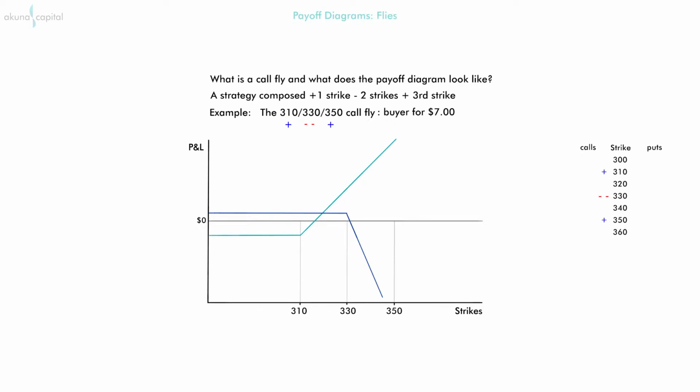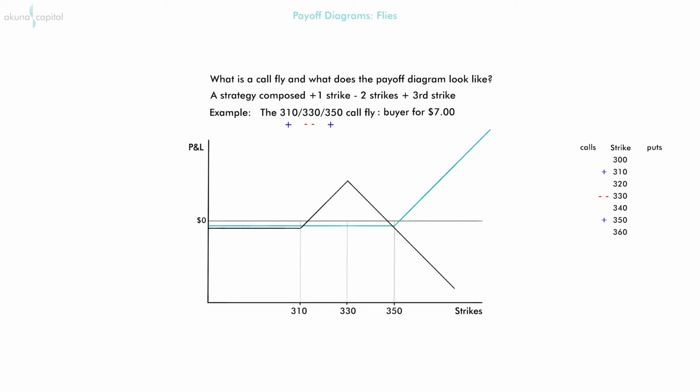Now let's take these two payoffs and add those together first. The dotted line becomes our resulting vector. We'll now clean up the pieces from the first three initial option legs and plot our result. Now we simply plot our last leg, the purchase of one 350 call, on top of this.